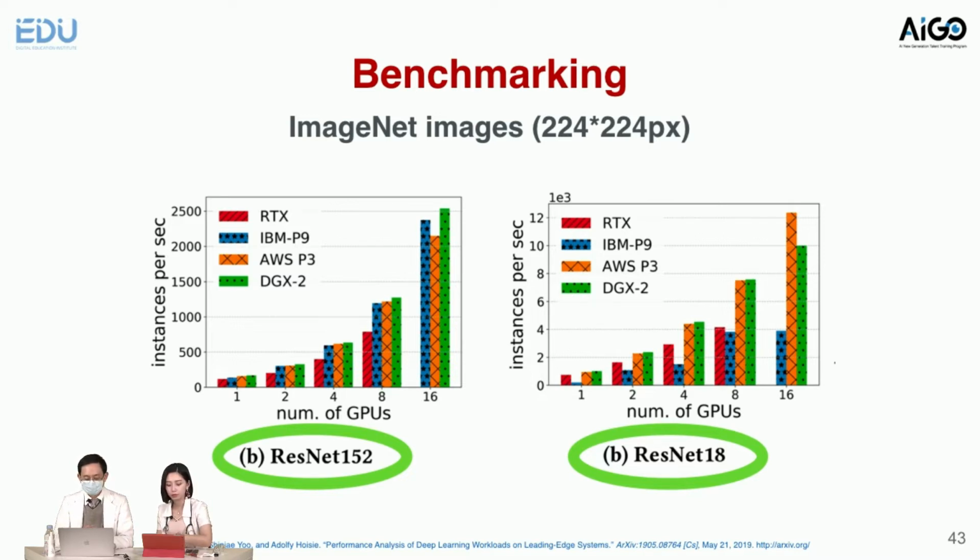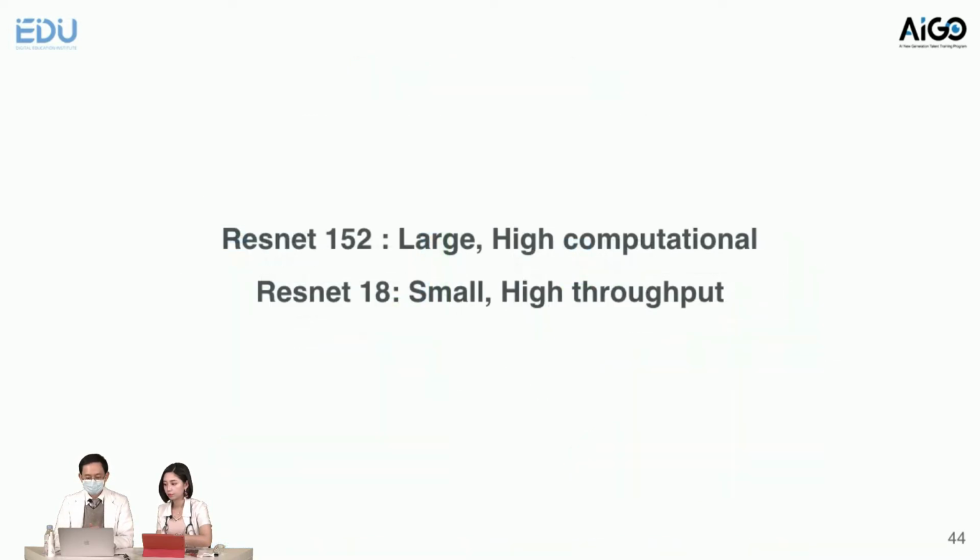Why? We think the problem is ResNet 152 is a large, high computational model, and the ResNet 18 is a small, high throughput model. It means ResNet 152 needs more GPU power to calculate the result. So it depends on the GPU in most cases.